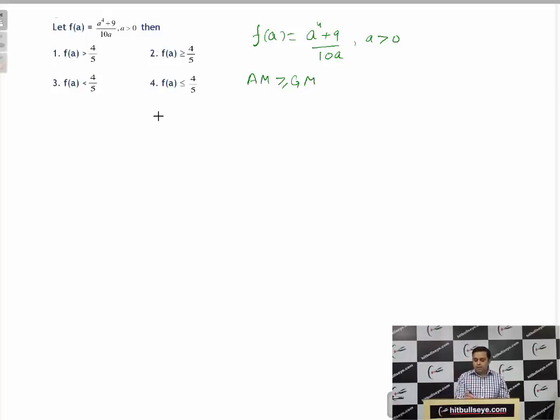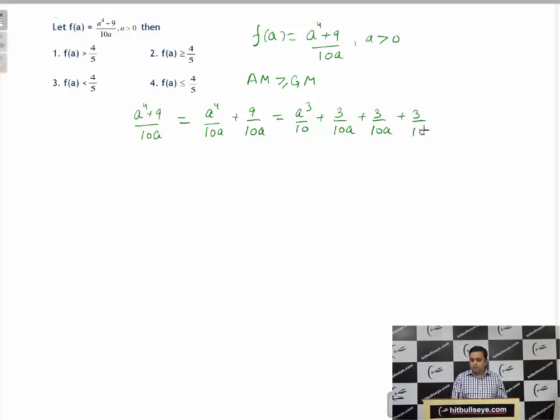I can write the given expression a raised to power 4 plus 9 divided by 10a as a raised to power 4 upon 10a plus 9 divided by 10a, or it can be written as a cube divided by 10 plus 3 by 10a plus 3 by 10a plus 3 upon 10a.